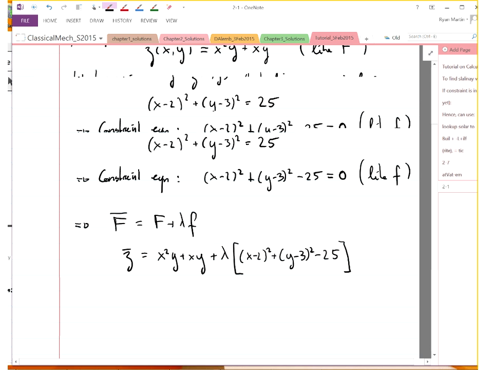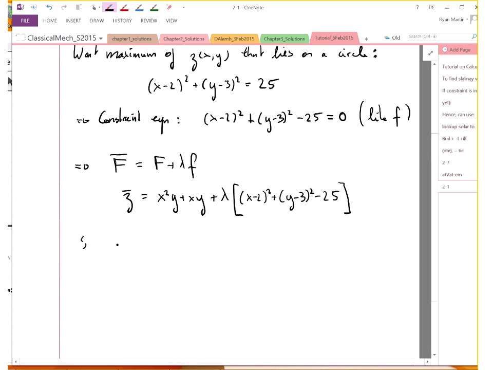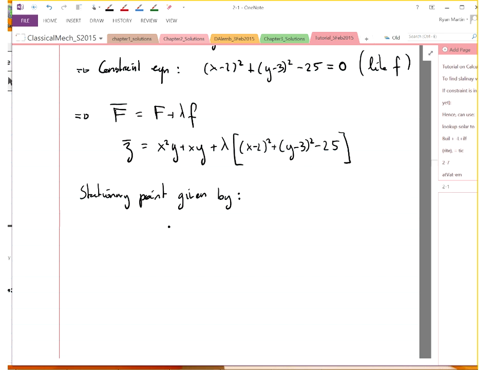Okay. And now the stationary points are given by searching for the stationary points of z bar instead of z. So you need to do ∂z̄/∂x equals 0.